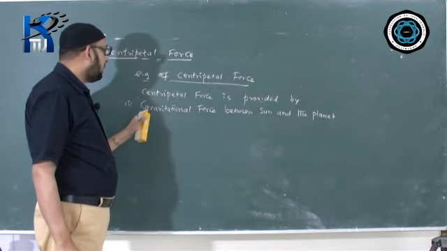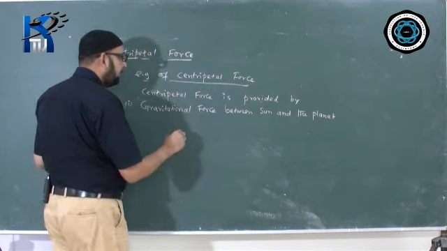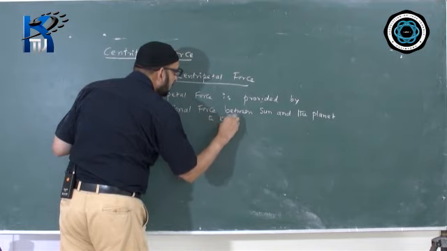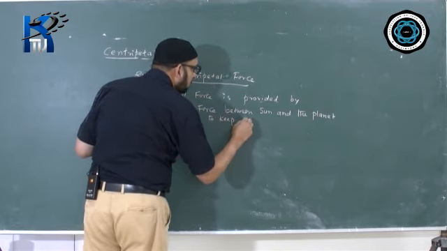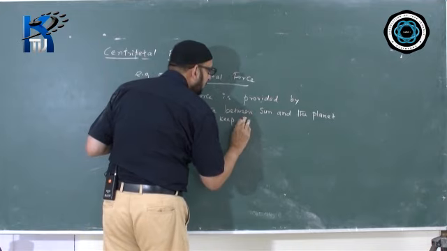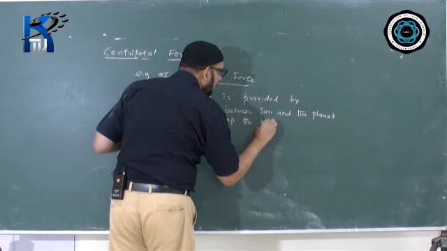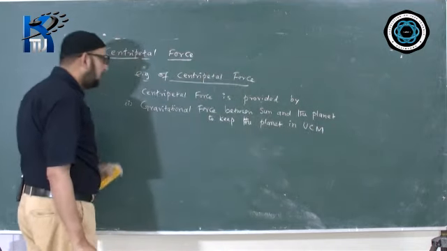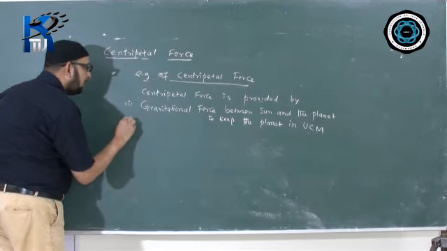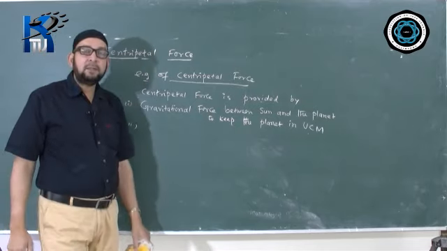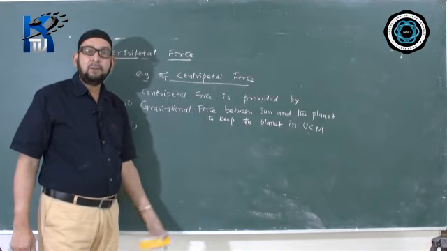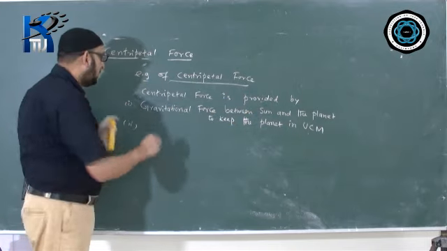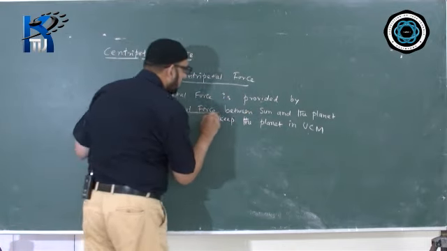Centripetal force is provided by the gravitational force between sun and the planet to keep the planet in UCM, uniform circular motion. The question may come like this: what provides the necessary centripetal force for the planets revolving around the sun? The answer would be the gravitational force between sun and the planet.